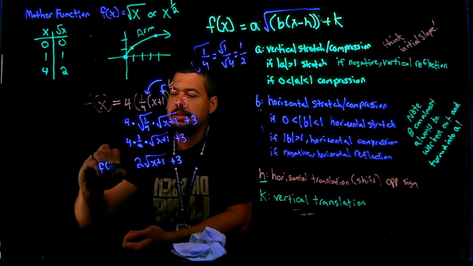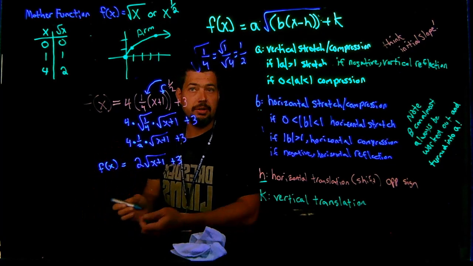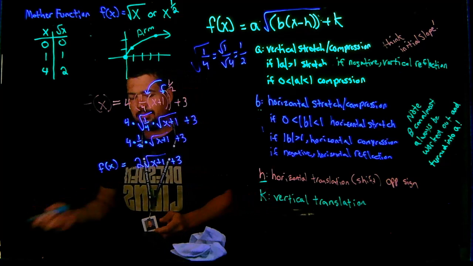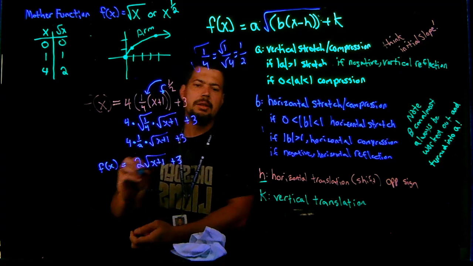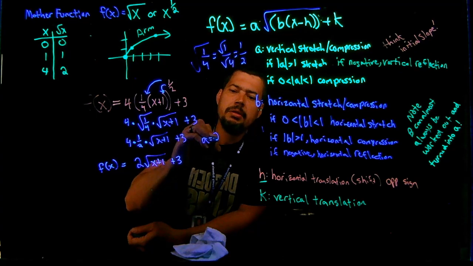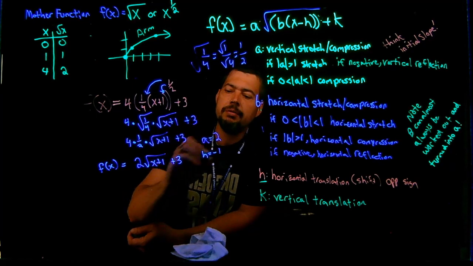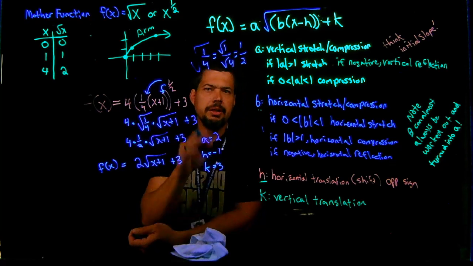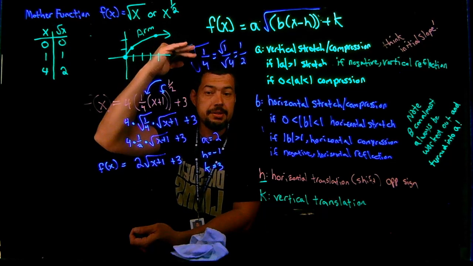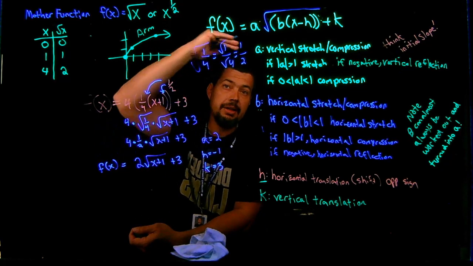And this is the cleaned up, pretty version of the original thing, which is the one that I can graph pretty good. It won't be too hard. We have an a value of 2. We have an h value of -1, always opposite. And we have a k value of 3. So we're going to go left 1, rise 3, and then have an initial slope of 2.